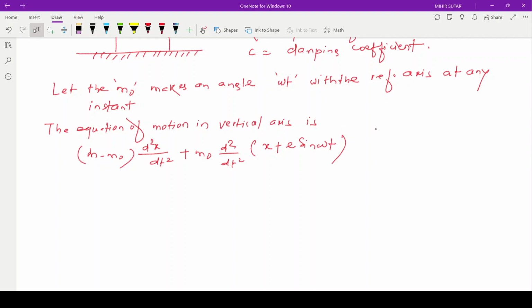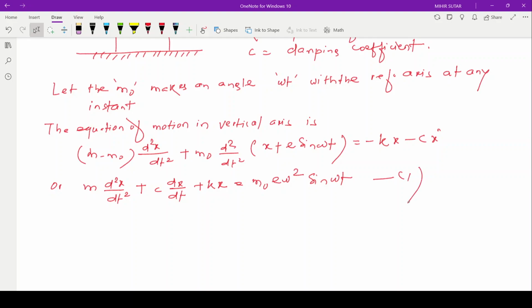This is the net force, minus kx minus c x dot. Or we can write that m d square x by dt square plus c dx by dt plus kx is equal to m0 e omega square sin omega t. We can write in this way.